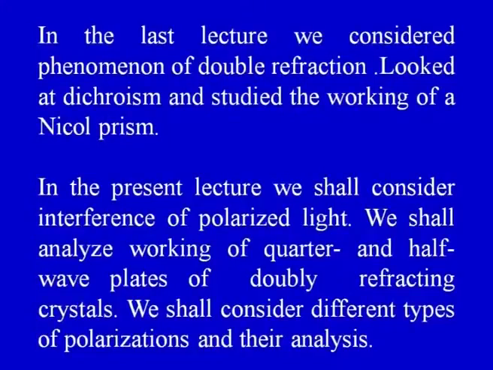We considered crystals of calcite and quartz. What happens in these, when a light beam is incident, there are two refracted rays, one the so called ordinary, in the sense that it obeys Snell's laws of refraction, the usual one. The speed is same in all directions, the phase front is spherical.